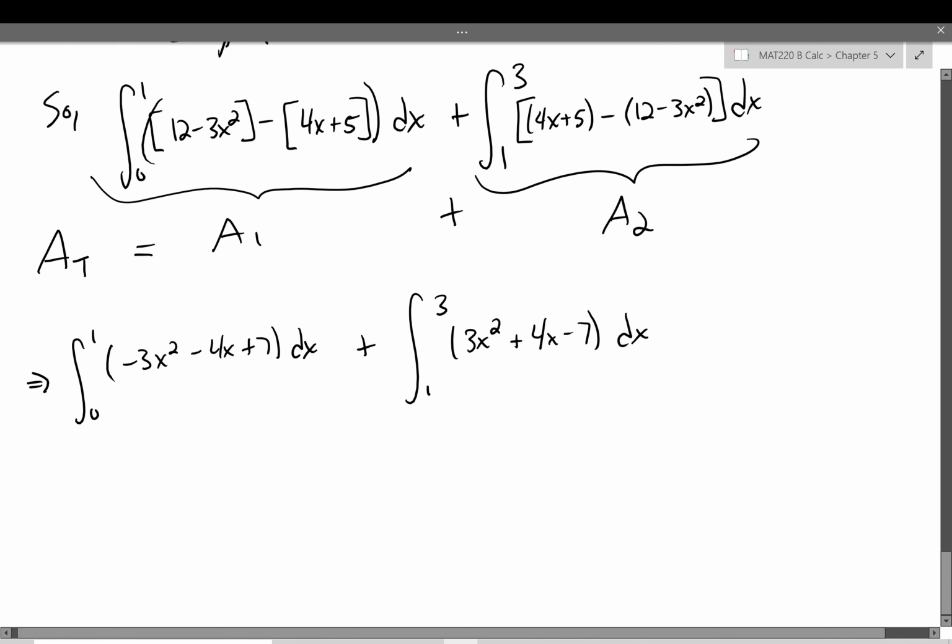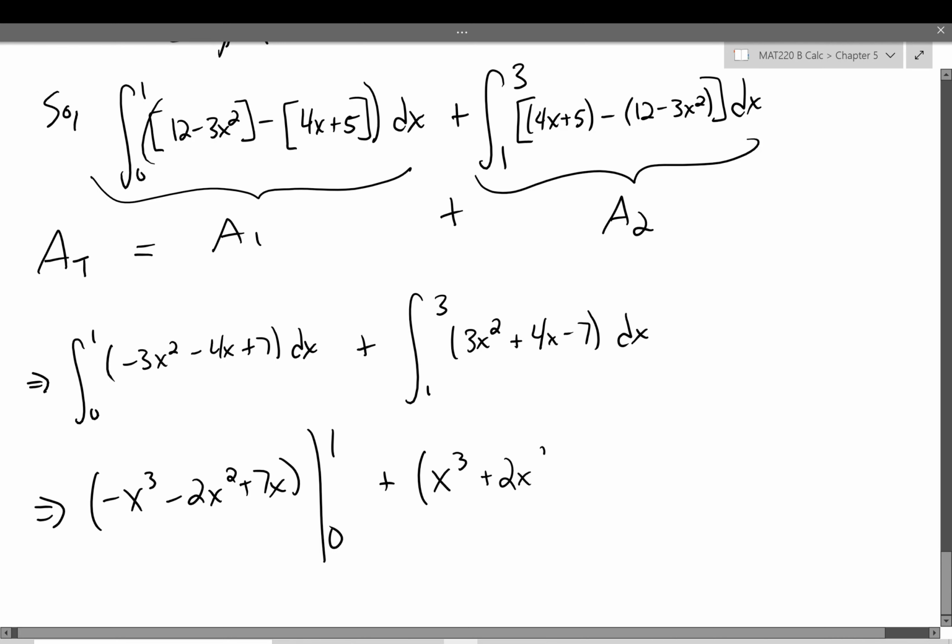Now when I integrate, for the first one, I'm going to get negative x cubed minus 2x squared plus 7x, and I have to evaluate that between 0 and 1, plus for the second one, I get x cubed plus 2x squared minus 7x evaluated between 1 and 3.